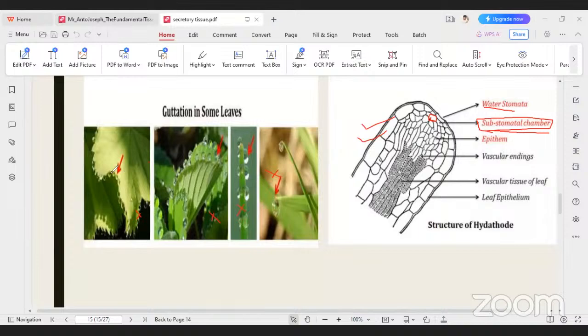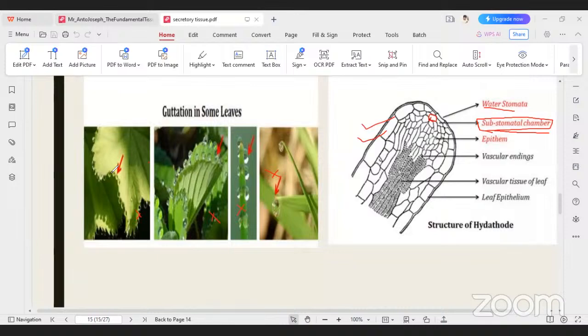Transpiration mainly depends on light, but guttation has no dependence on light. In transpiration, there are active guard cells. Due to their activity, the stomatal movement, closing and opening, causes water loss. But here there are no active guard cells. Instead, water stomata are present.